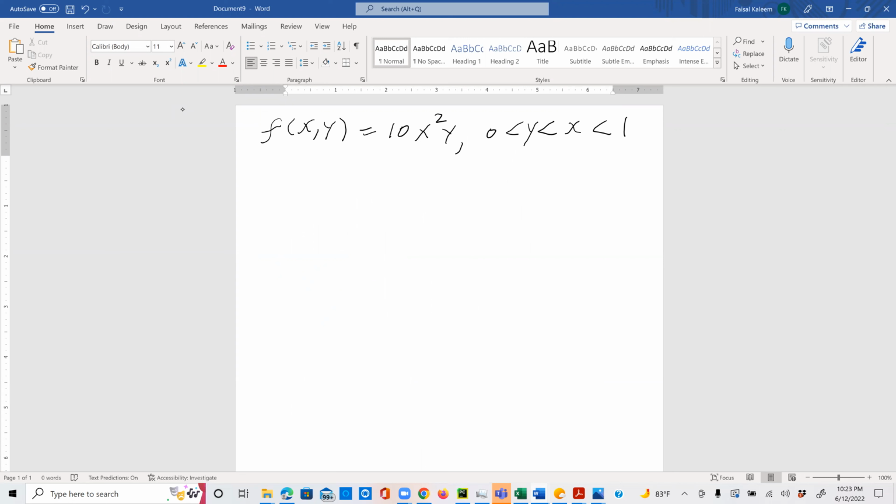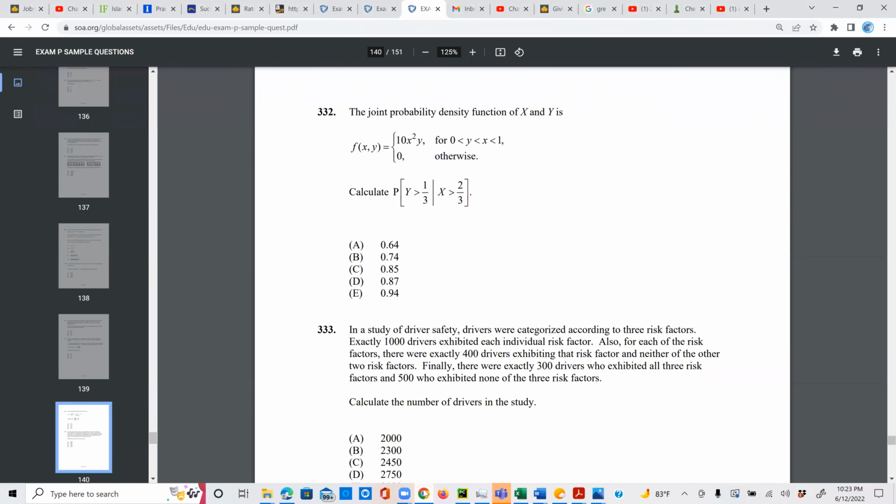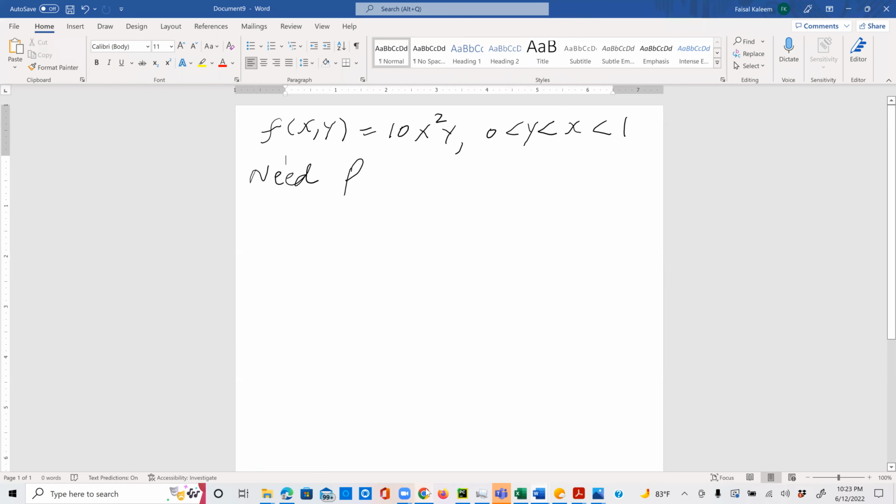And we have to find probability y greater than 1/3 given x greater than 2/3.